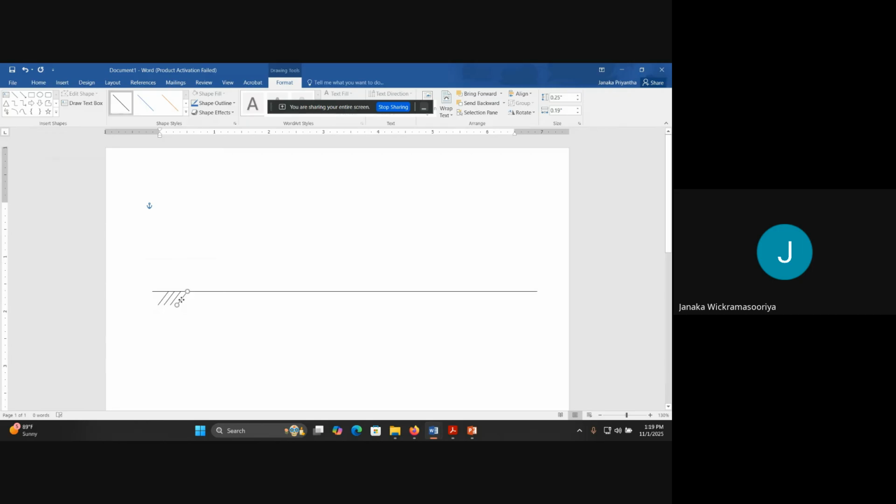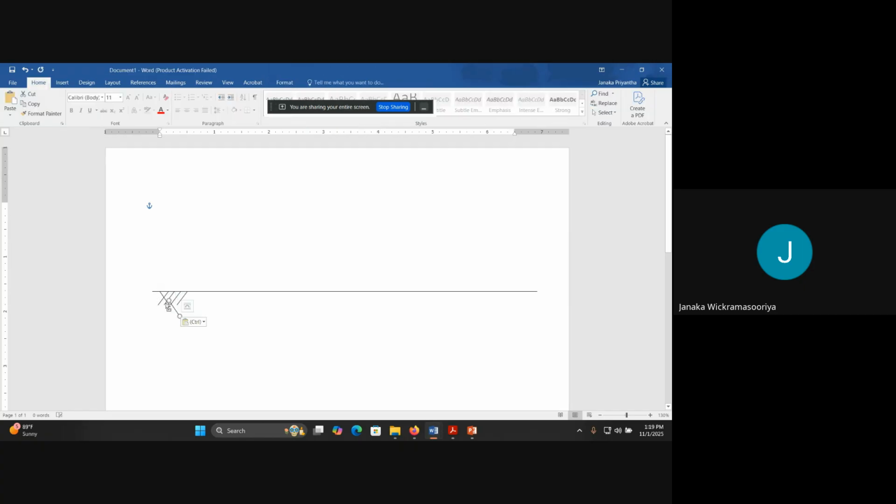Now zoom is not there, therefore it is somewhat difficult to draw. So this is the symbol of ground surface, right?